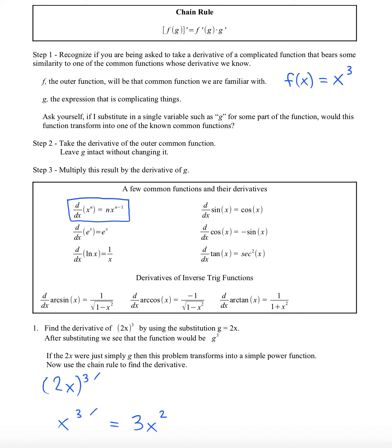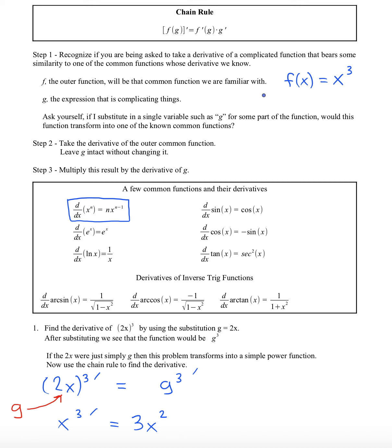And that brings up the question of, what is g? So g here is the expression that's complicating things. It's the expression where if you were to take it out and replace it with a g, then that would simplify the function into just one of the commonly known forms. So if g were to take the place of 2x here, then we would have g to the third, which is just a simple power rule type of situation.